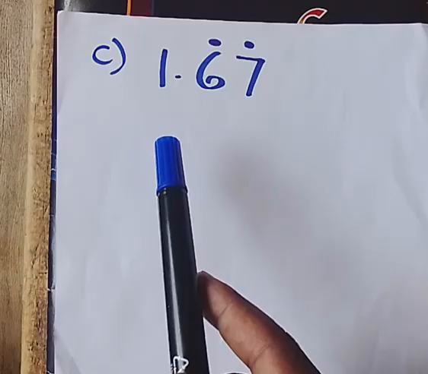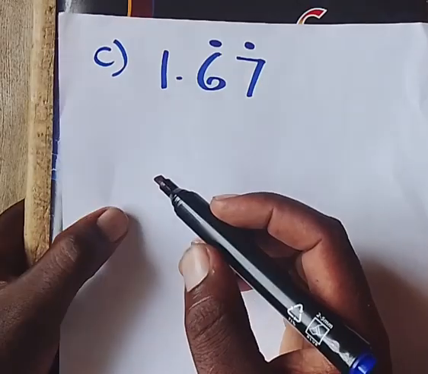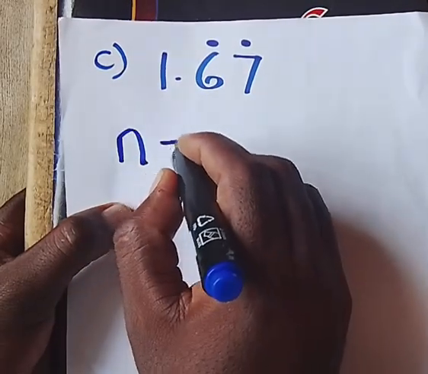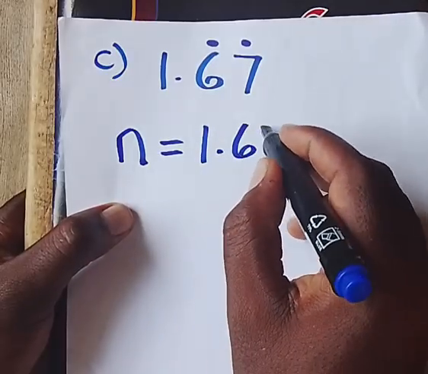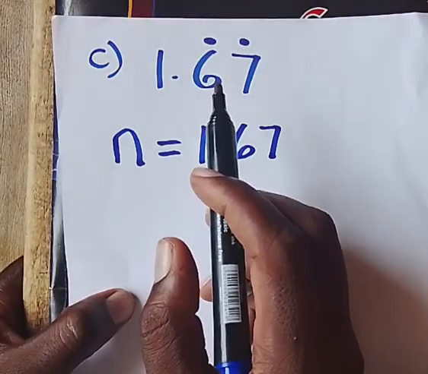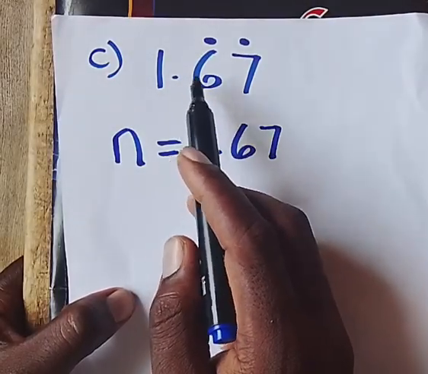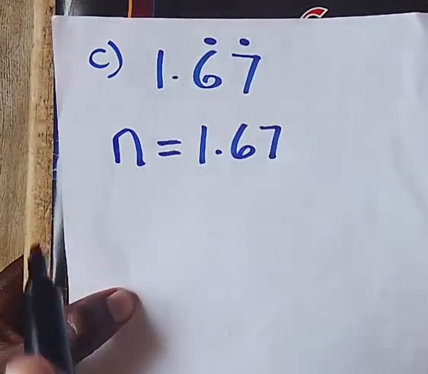And if it is just before, that number will be just represented by n. So in our case, this is n, which is equal to 1.67. We have just written it like this because the decimal point is just before the first recurring decimal.